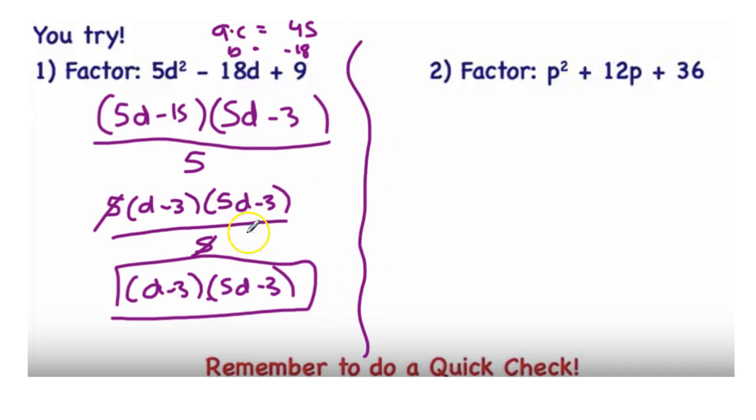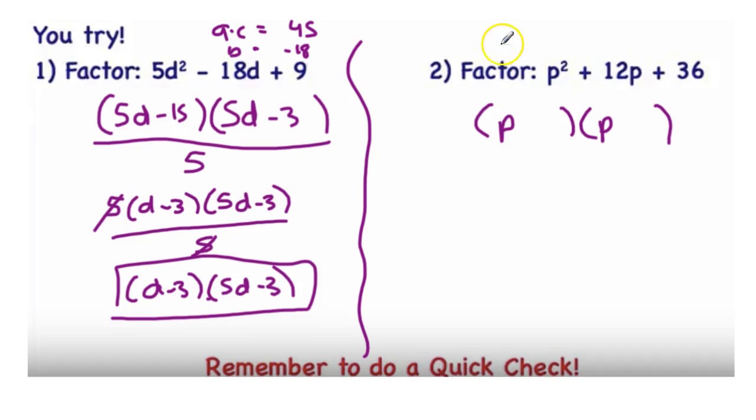We're good. This one over here, there's a 1 in front of the p, so if it's a 1, we can just leave it like this, with only the p right there. We don't have to divide it by 1 because dividing by 1 is the same thing. So what numbers multiply to equal 36?